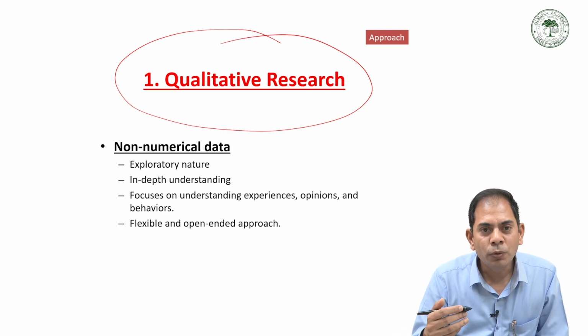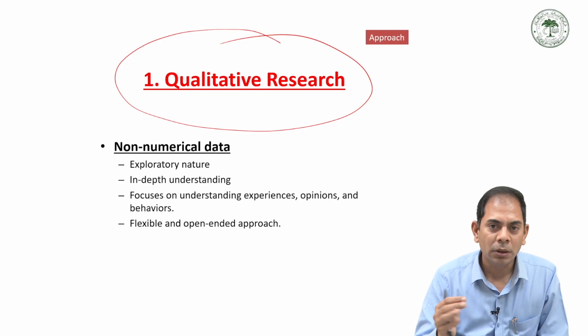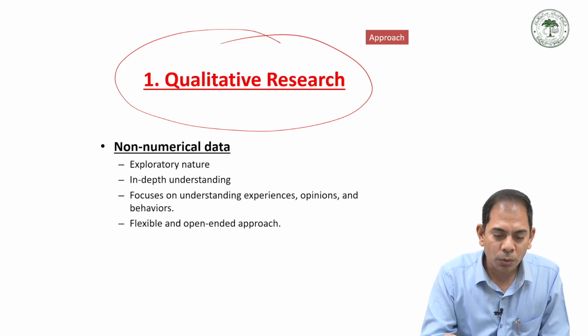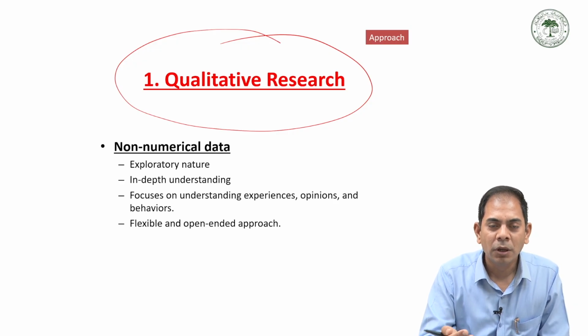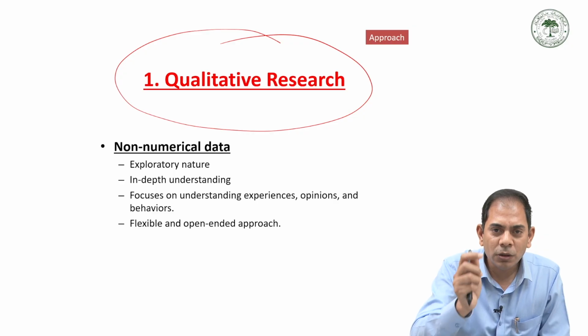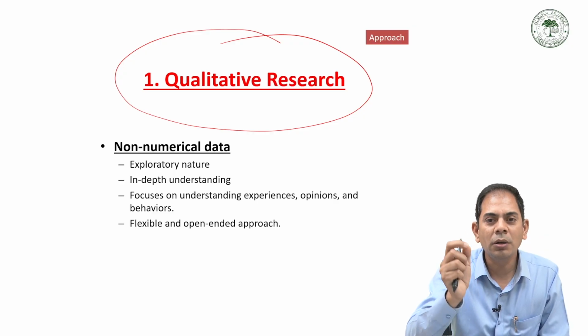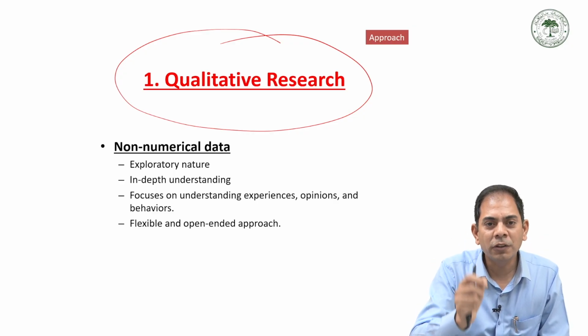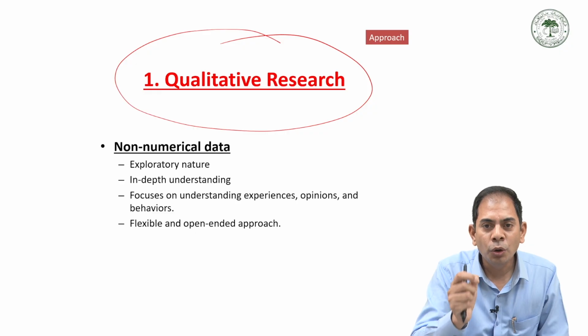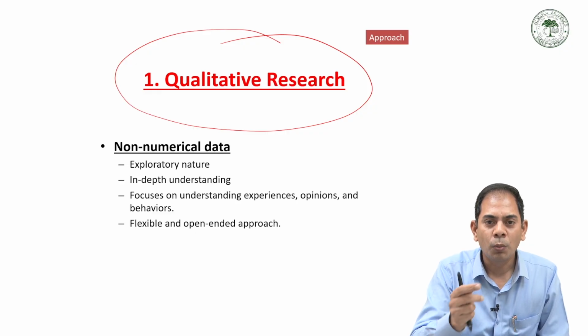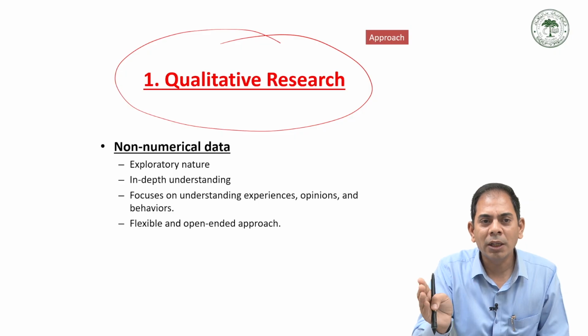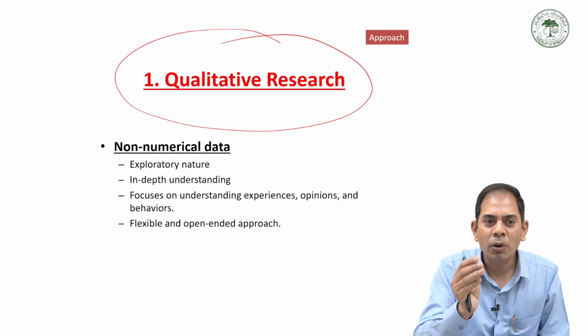Now we move to the first type of research by approach, which is qualitative. Qualitative means we are focusing on quality, not on numbers. The first point on the slide is non-numerical data. If your study is based on non-numerical data, your approach is qualitative.